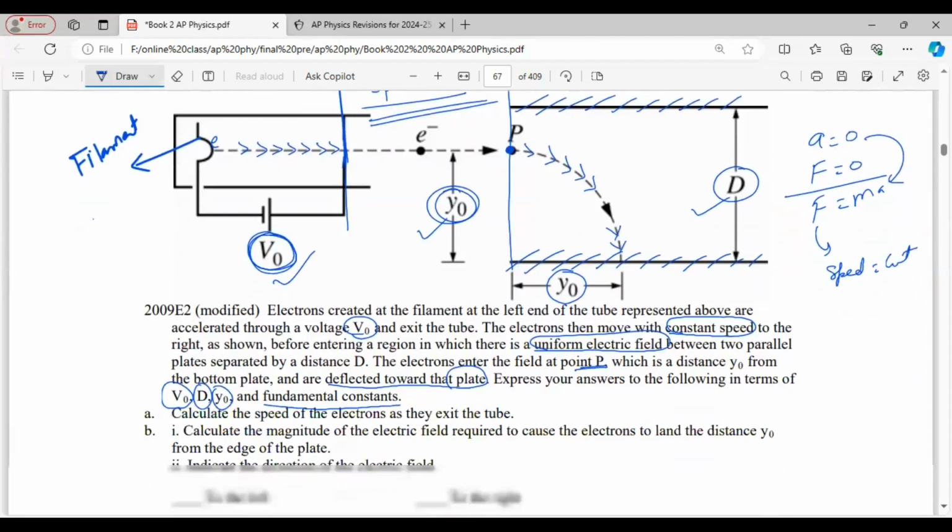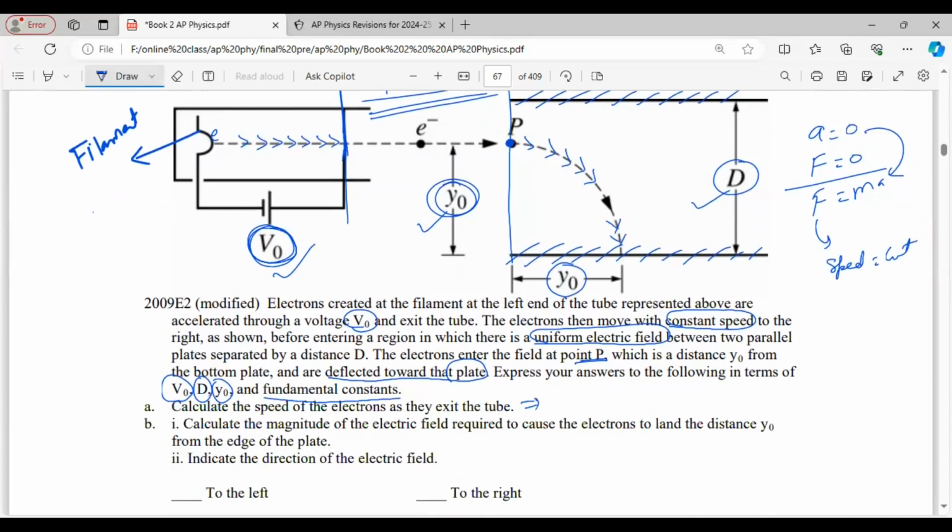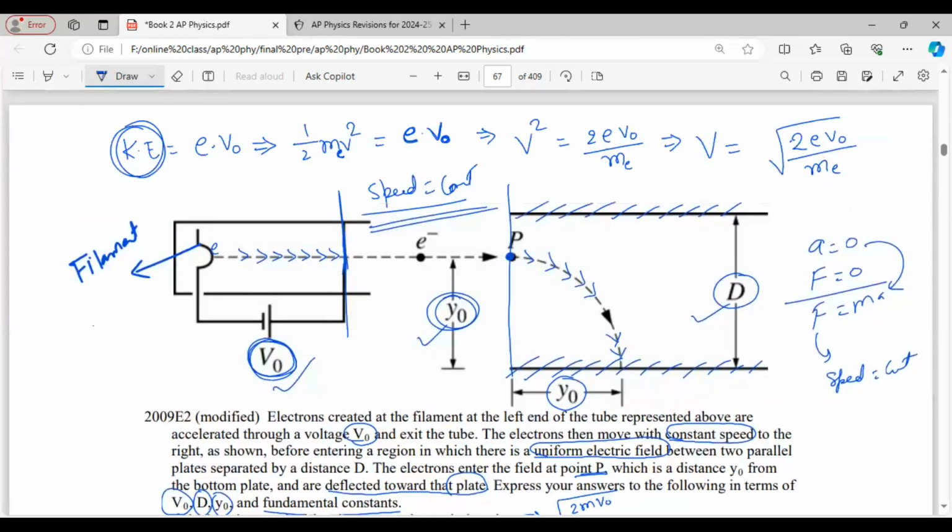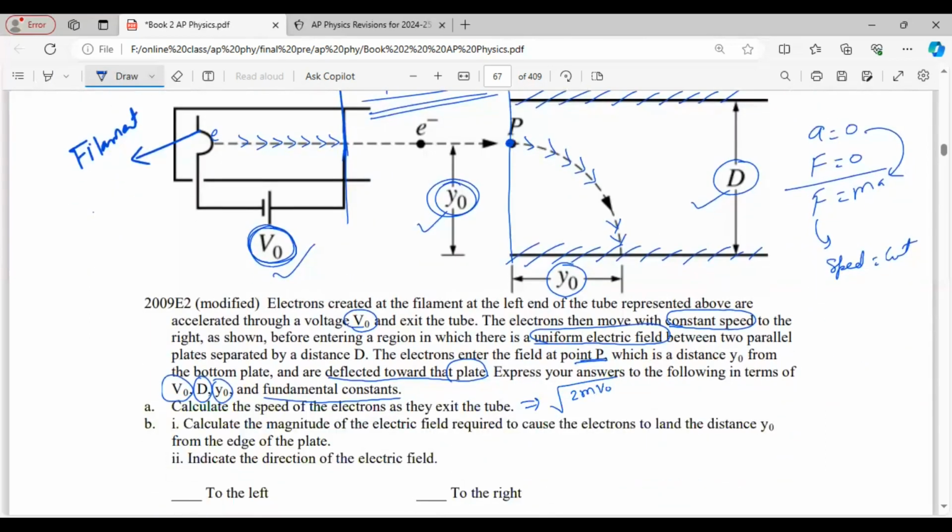So this is the answer of the first question, under root 2eV naught upon m of e. So this is the speed of the electron as it exits the tube. See, we directly get the speed at the end of this tubular length or accelerating length, right?